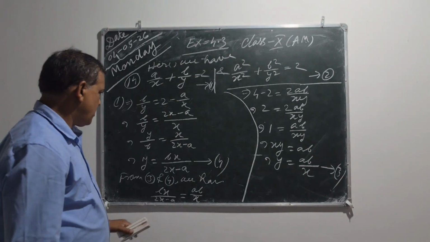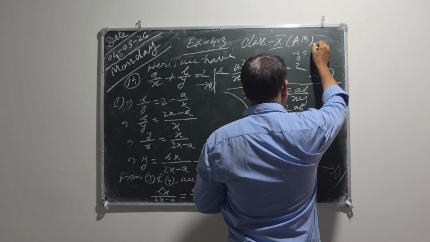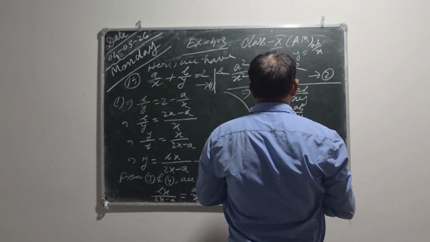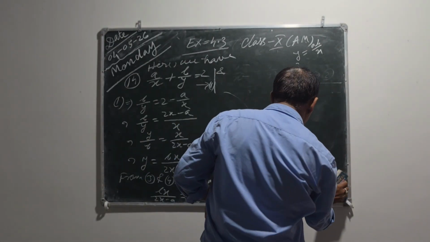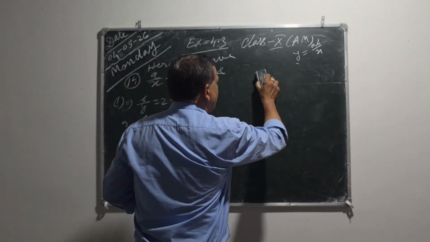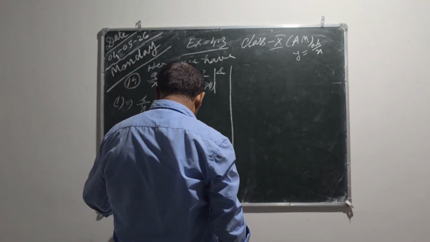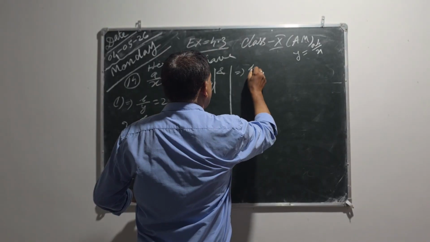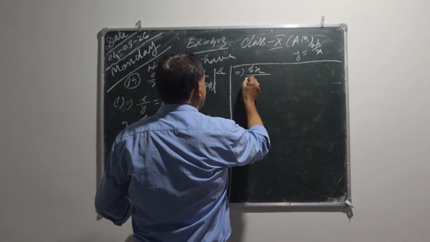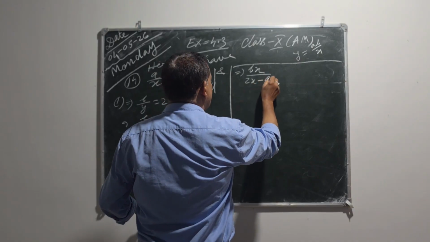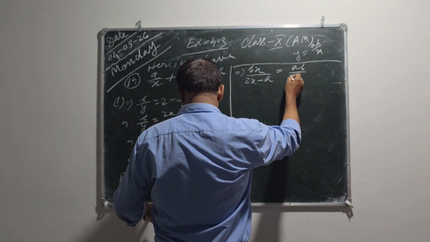Then if we want to write this one here, then we can remove this portion ab by x. So let us remove this to complete the remaining portion. So it will be then bx divided by (2x minus a), and here ab divided by x.